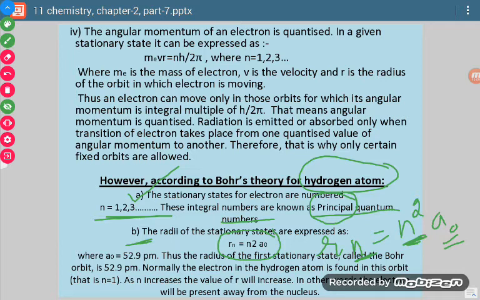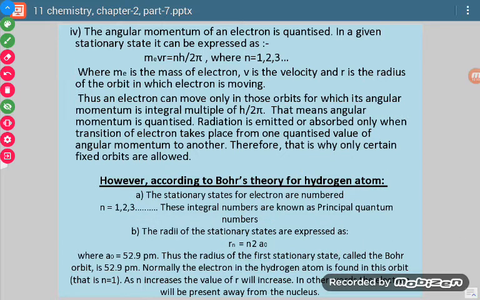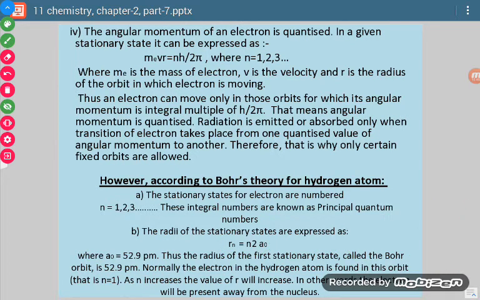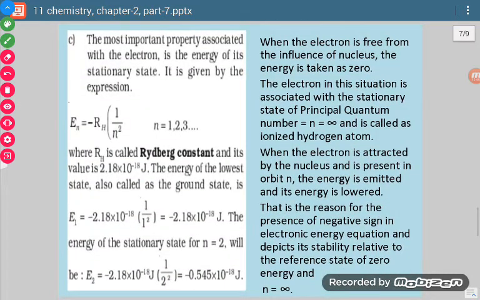If the electron is in the first orbit, the radius is 1 square into a naught. a naught has a fixed value of 52.9 picometer, so R_1 is equal to 52.9 picometer. Similarly we can calculate the values for other orbits. So this was the second thing.